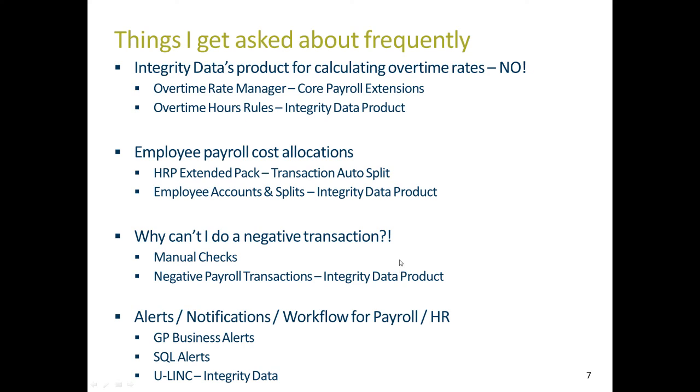There's also a negative deduction product as well. Business alerts, SQL alerts, and ULink for alerts, notification, and workflow. There's a lot of questions about workflow capabilities also in the new workflow in GP 2013 R2. And as you guessed, we did a whole webinar series on that as well, and I've got those webinar links in a couple slides.